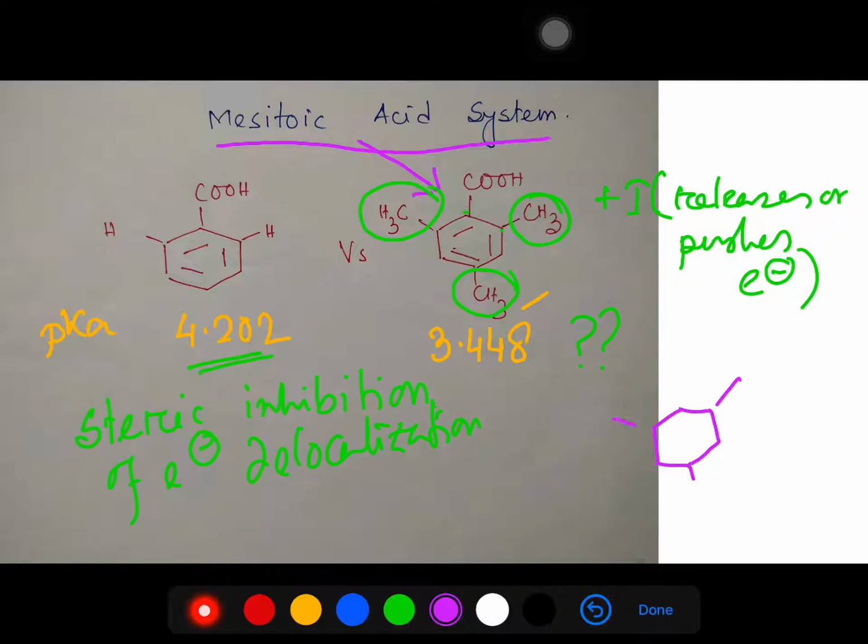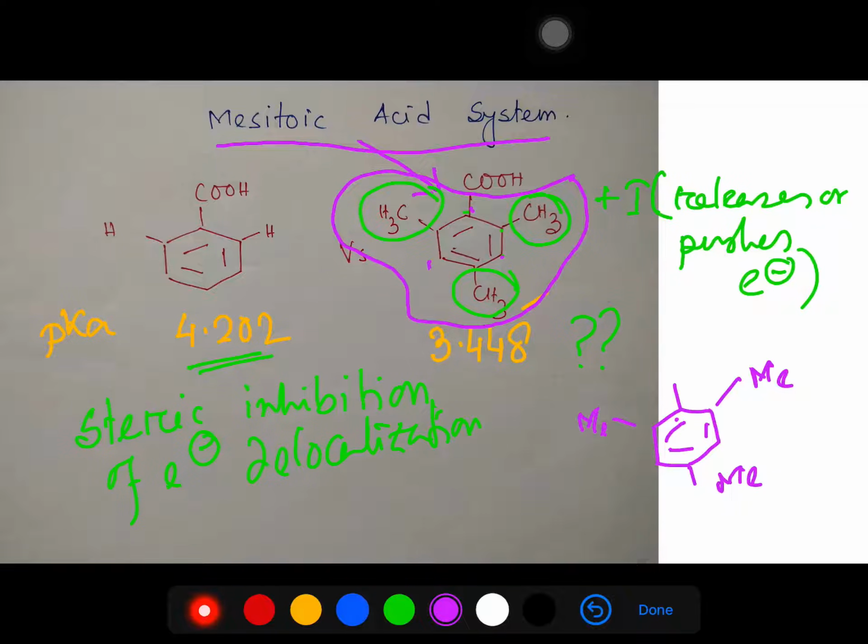There are three methyl groups attached, but better to say the two ortho methyl groups are responsible. But why are we discussing this mesitoic acid system? Because its core compound, mesitylene, meaning 1,3,5-trimethylbenzene, is easy to prepare, and any reaction on mesitylene is further easier, because three positions are symmetrical.